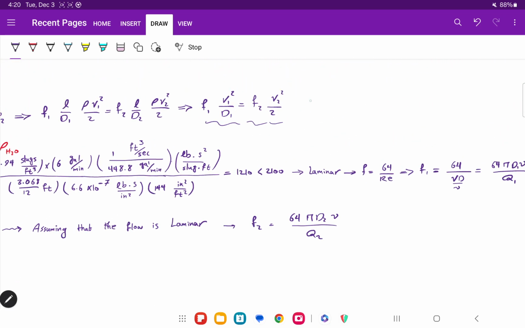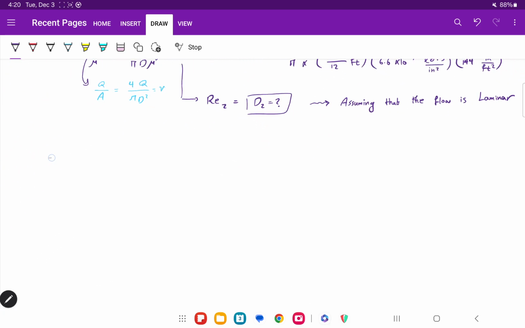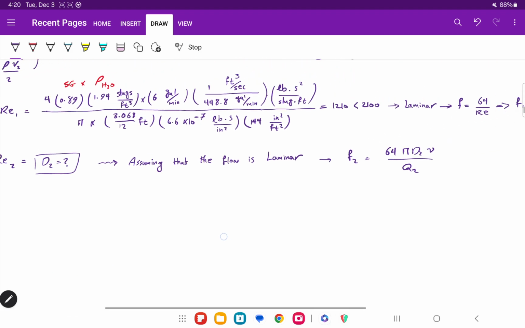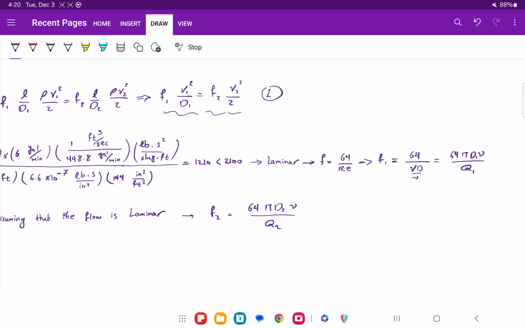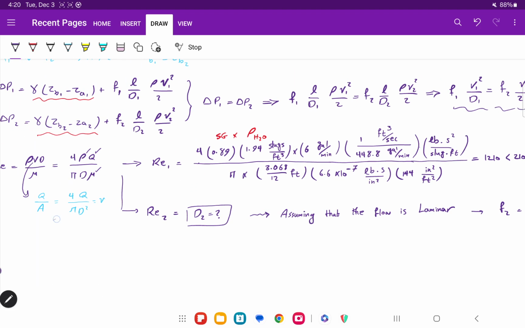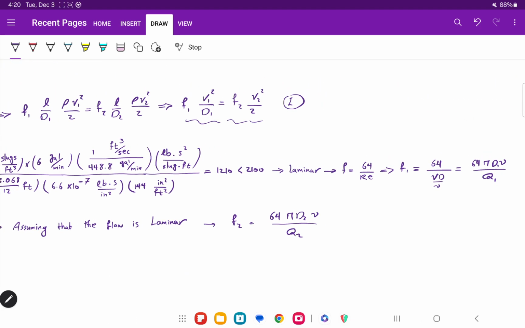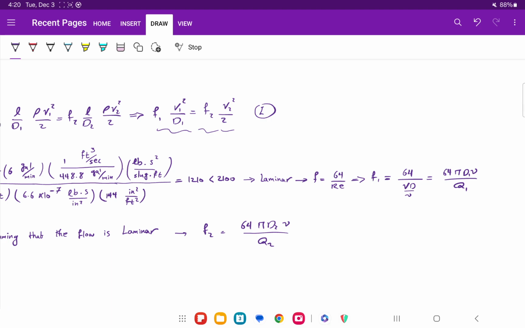Where were we? Here, equation 1. So from equation 1, we have to replace velocity by this important expression. First, I think we should do that.